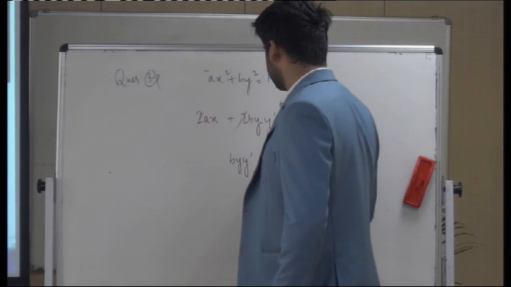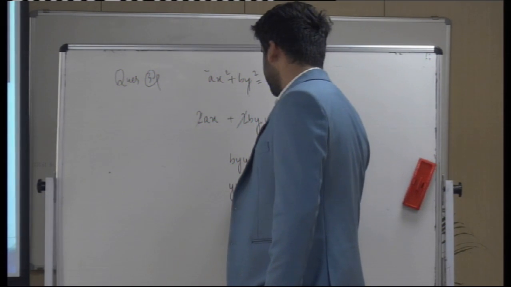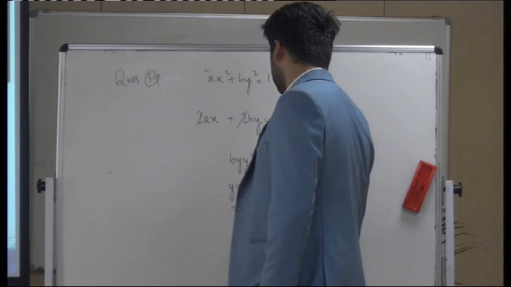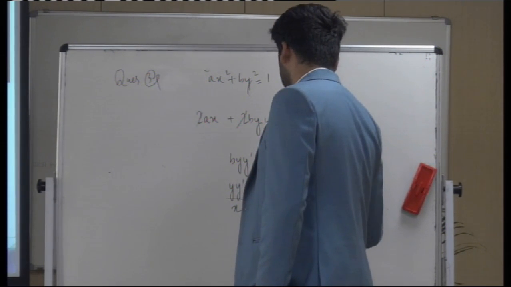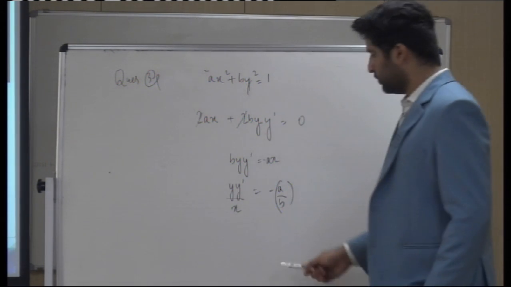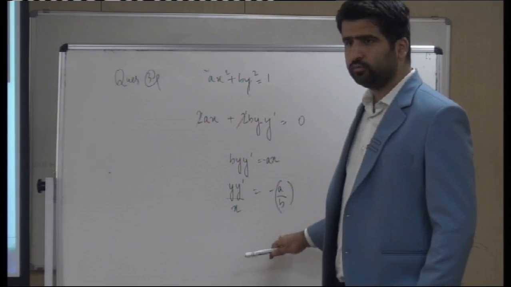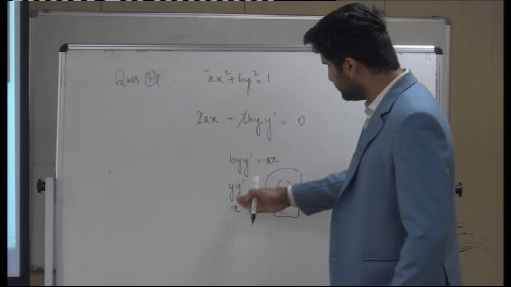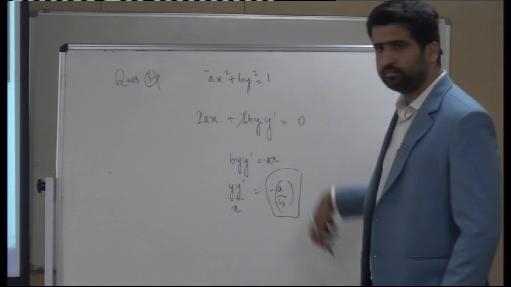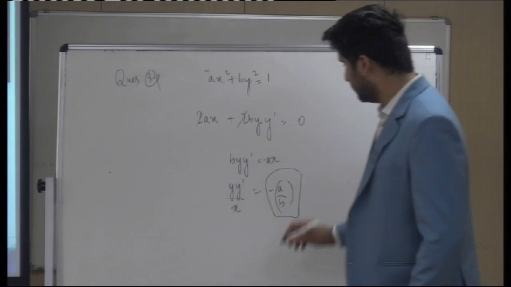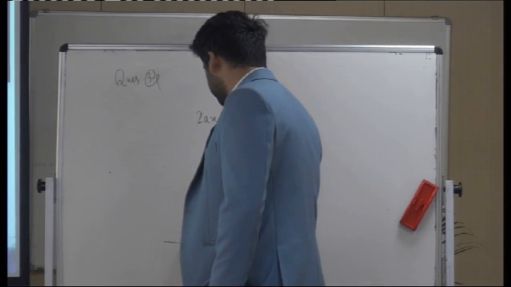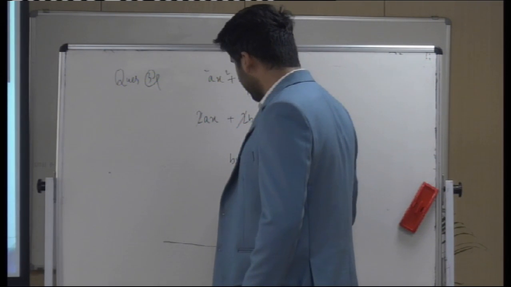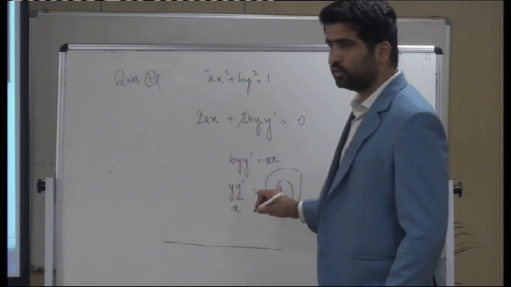Then we get by y dash is equal to minus ax, and y dash upon x is equal to minus a upon b. So what help did this step do over here? So we have all the constants over here. If I differentiate it once more, this whole thing will vanish, right? So if we differentiate it once again, we'll apply the u upon v rule, quotient rule over here.